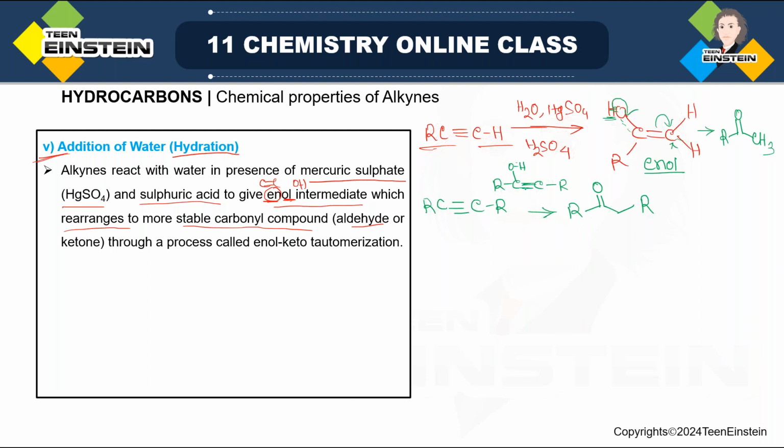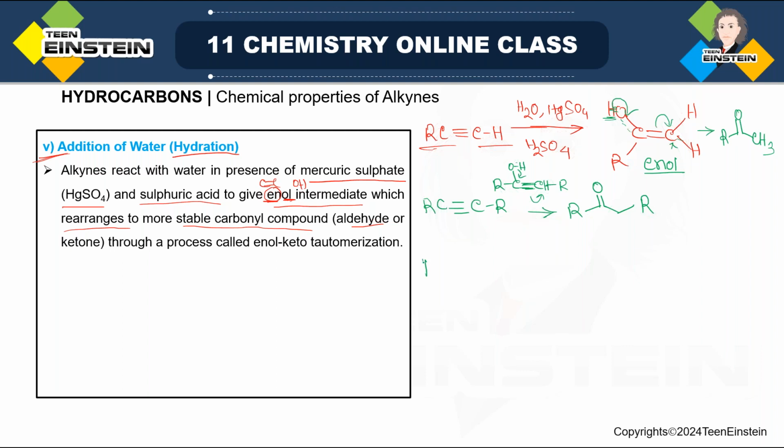This is a CC double bond; this is the enol. Now this OH bond will be broken, there will be formation of C double bond O, and you will get hydrogen here. In this way we get this molecule.